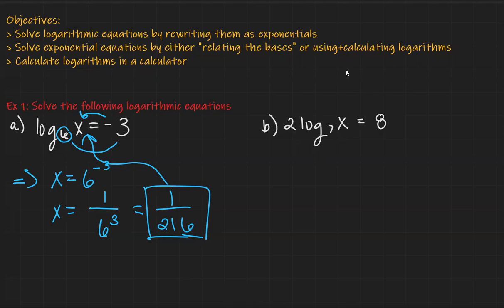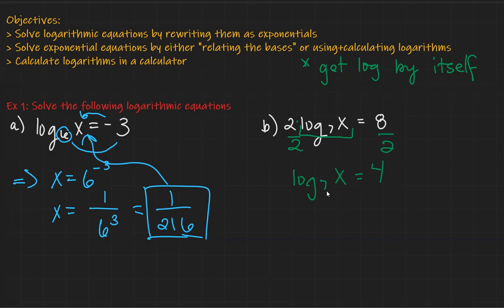That's a good note to write down, maybe with an asterisk: get the log by itself. So let's get rid of this 2. The 2 in front is a number, so this is 2 times the log, which means we divide by 2 on both sides. So I get log base 7 of x is equal to 8 divided by 2, which is 4.